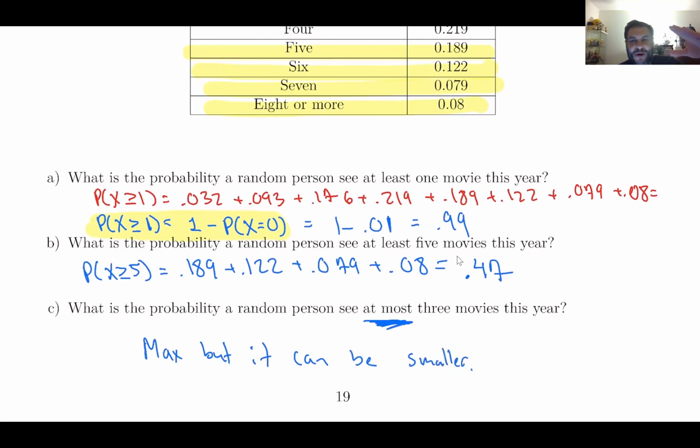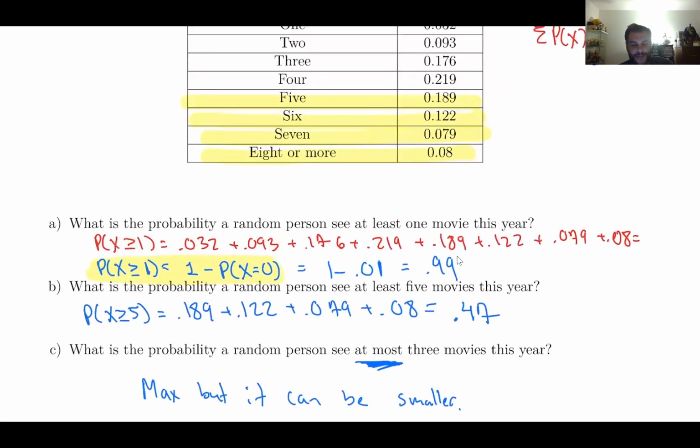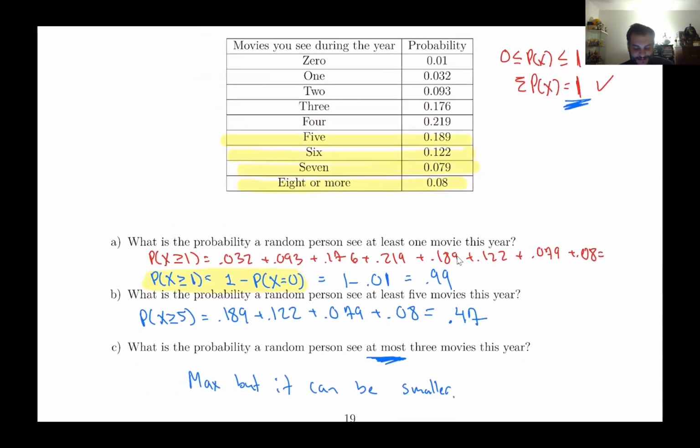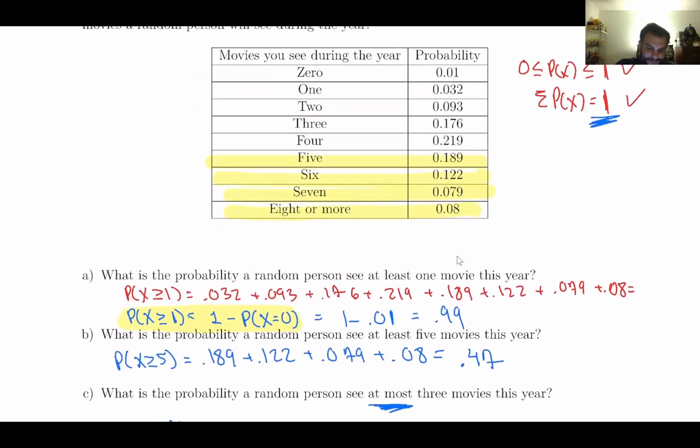So whenever you see at most, it's saying that's the max it could be, but it's okay if it's below that max. So for this one, what's our max? So for this one, our max is, it said at most 3 movies. Our max is 3.